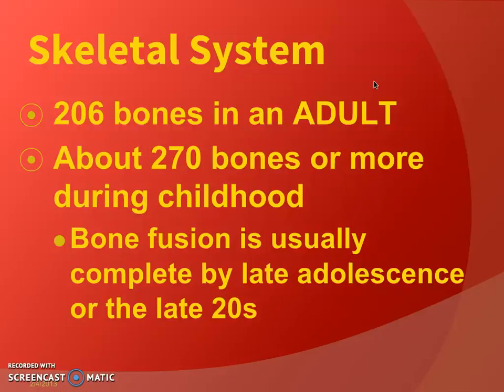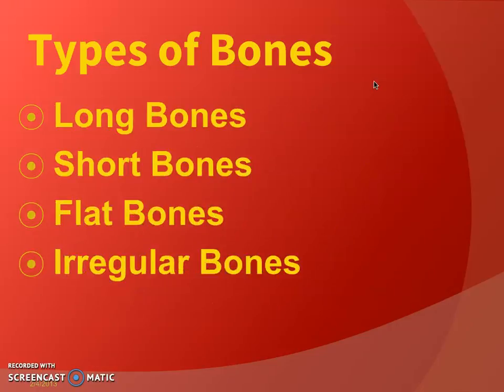The same thing is going on as you go through puberty, and all the way from the day you were born until after you're fully matured, your bones are starting to fuse together. That's where we lose our numbers. So instead of it being maybe 2 bones, they turn into 1.